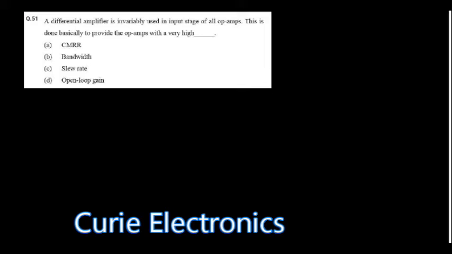A differential amplifier is invariably used in the input stage of all op-amps. This is done basically to provide the op-amps with very high... If you provide a differential stage, what happens? We will get a common mode rejection ratio.